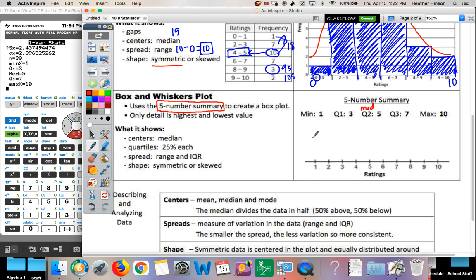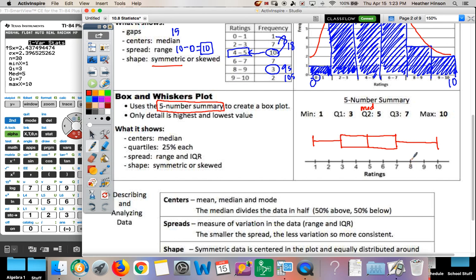We'll put a line at our min, a line at our Q1, which is 3. Our median was 5. Our Q3 is 7. And our max is 10. To make the box and whiskers, your box is going to enclose your middle numbers, and then your whiskers extend to the edges. So you have a box and whiskers.